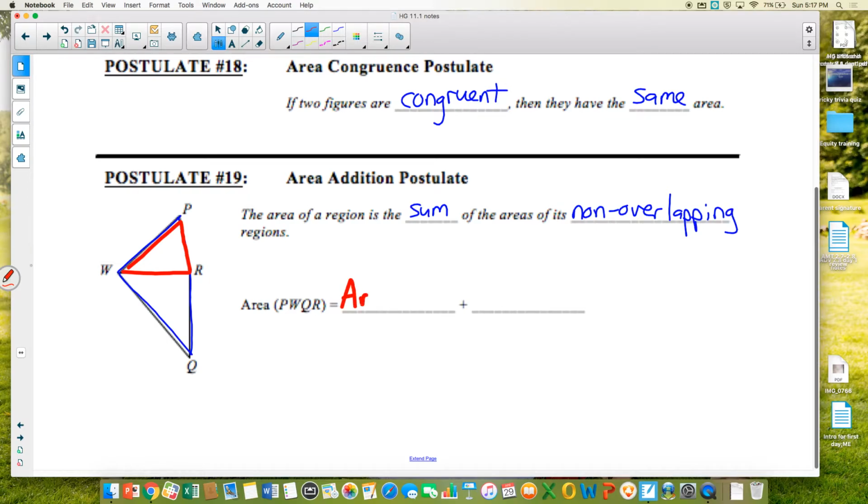So it'd be area of WPR plus the area of this green triangle, which would be the area of WRQ. So for weird shapes, we just add up all the areas that are in there. So we can find the area of the red triangle and the green triangle to find the blue quadrilateral.